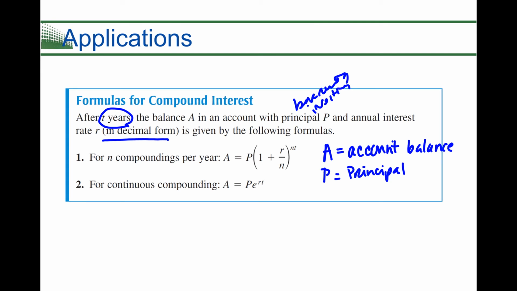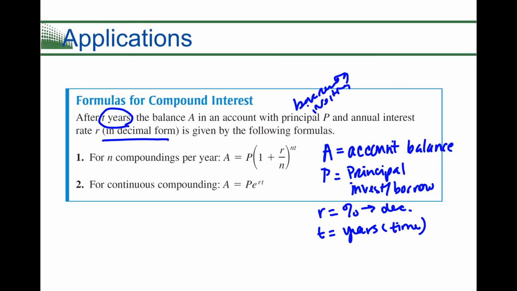And again, that's how much you invest or borrow. Like if you want to borrow $10,000 to buy a car, P would be how much you're wanting to borrow, which is $10,000. Your annual interest rate, that is your percentage of your interest rate, and you always want that in decimal form. And then t is always in years. That's your time, always in years.